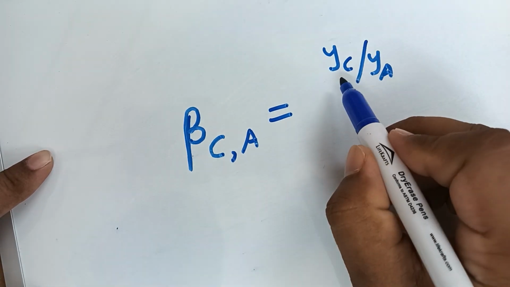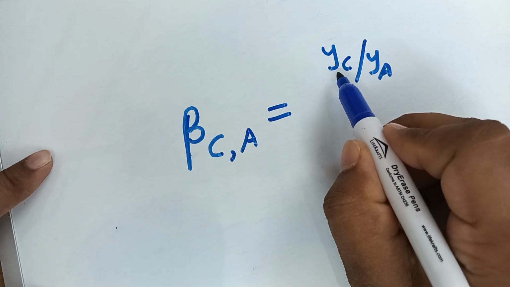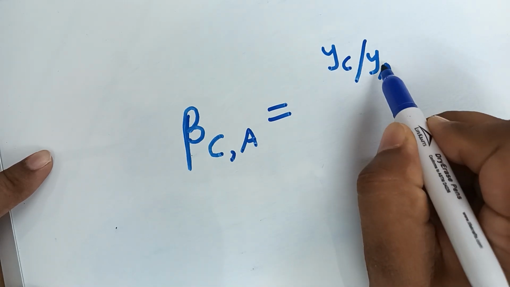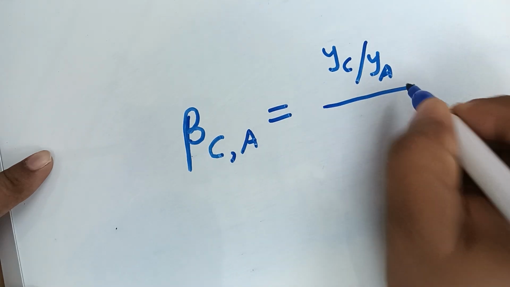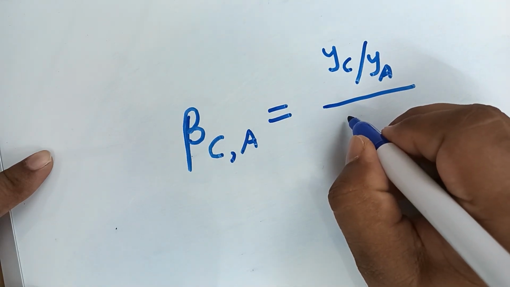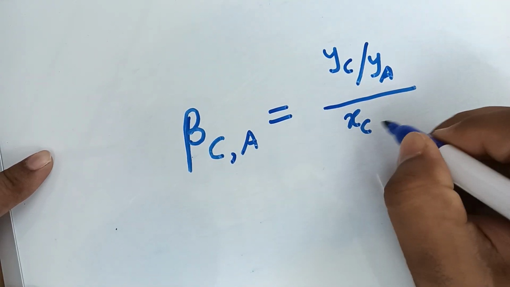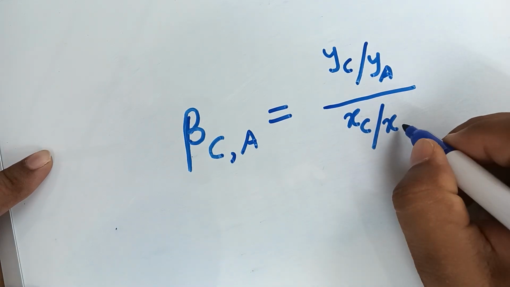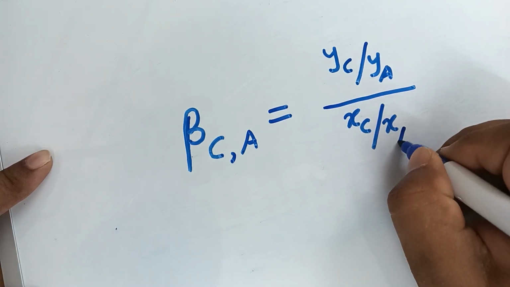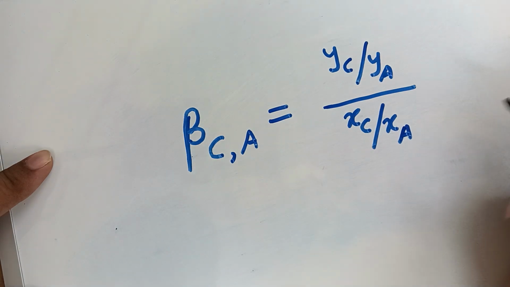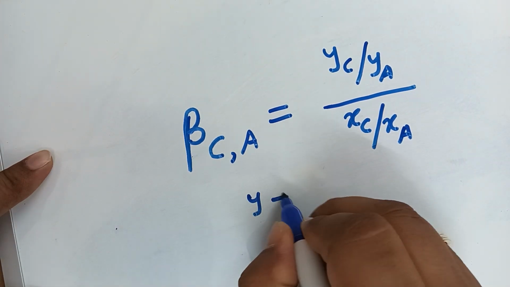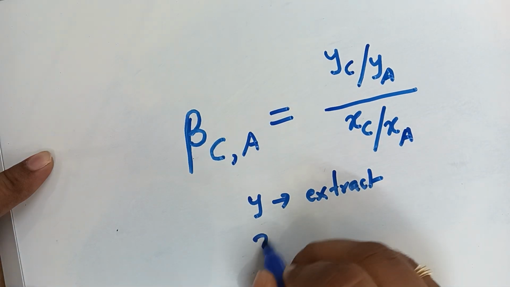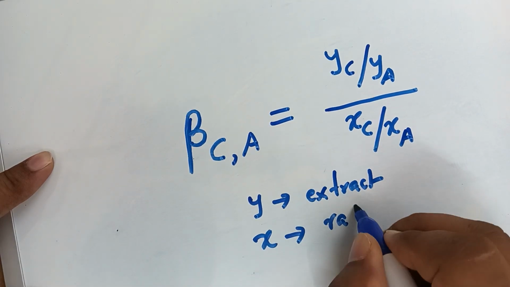It basically means the weight fraction or the mass fraction of solute in the extract phase to that of carrier in the extract phase, divided by the mass fraction or weight fraction of solute in the raffinate phase to that of carrier in the raffinate phase. Y stands for extract phase and X stands for raffinate phase.